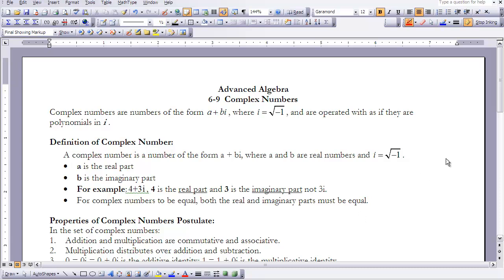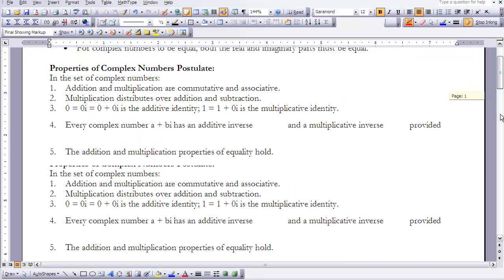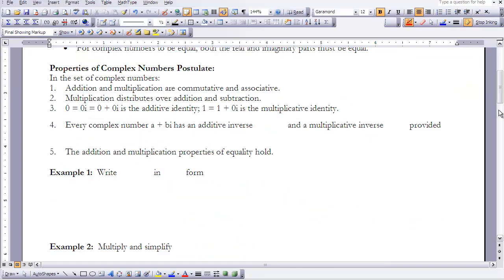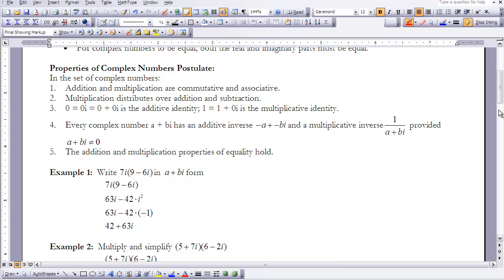So let's take a look at some of the properties that we have with complex numbers, and we'll call it the properties of complex numbers postulate. In the set of complex numbers, addition and multiplication are commutative and associative. Multiplication distributes over addition and subtraction. 0 is the same as 0i, which is also the same as 0 plus 0i.